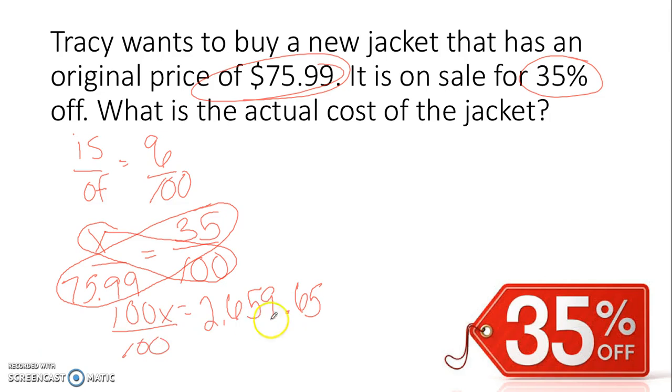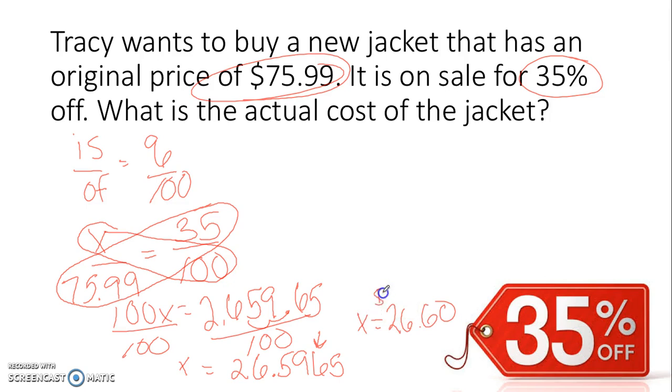Then when you divide both sides by 100, you get x equals, you move the decimal point over 2 places, $26.5965. Alright, since we're talking about money, we really do want to round this to the nearest penny. To round to the nearest penny, we're rounding to the nearest hundredth place. We need to look at this digit right here and ask ourselves, is this 6 higher or lower than 5? Well, it's higher than 5, so we're going to round up. So x is equal to $26.60.